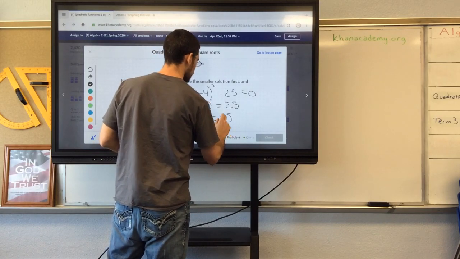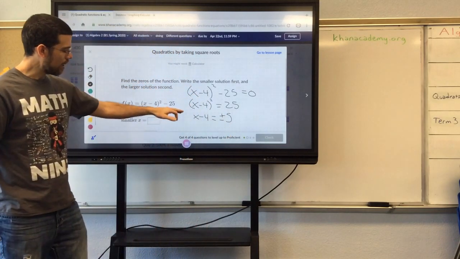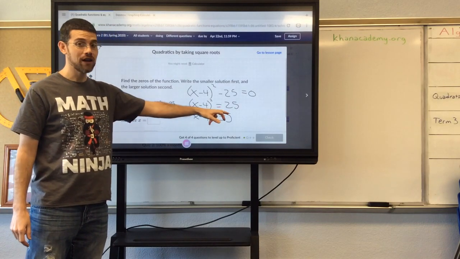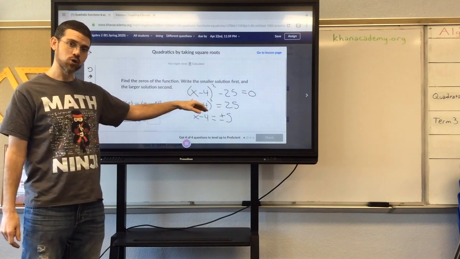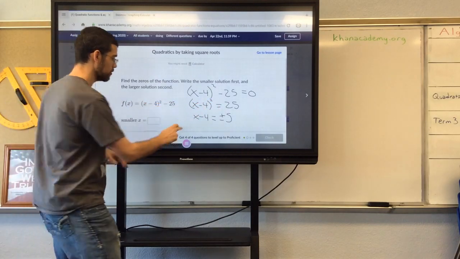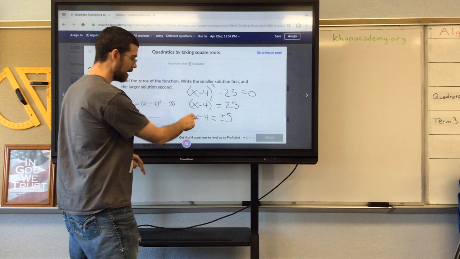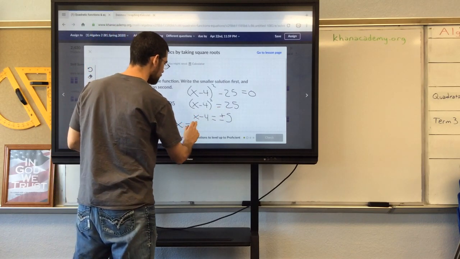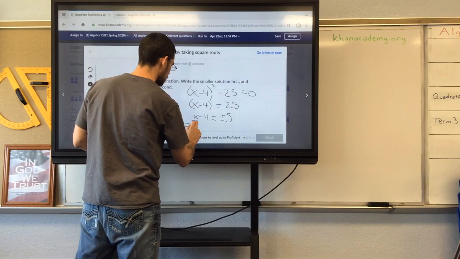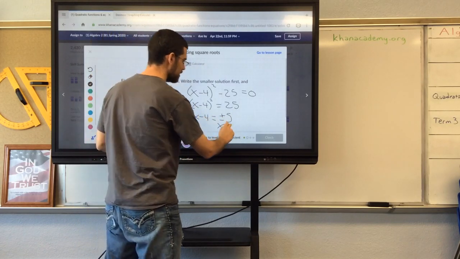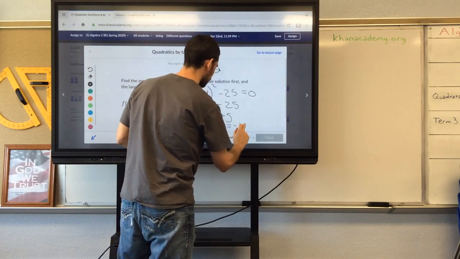Now, this is two equations. x minus 4 equals 5, and x minus 4 equals negative 5. So we'll solve both of those by adding 4. So x equals 4 plus 5 is 9, and x equals 4 minus 5 equals negative 1.